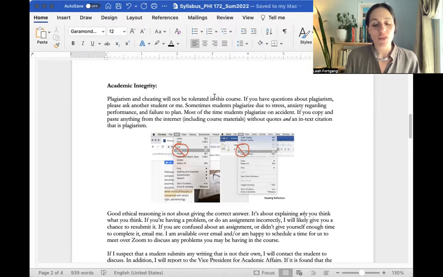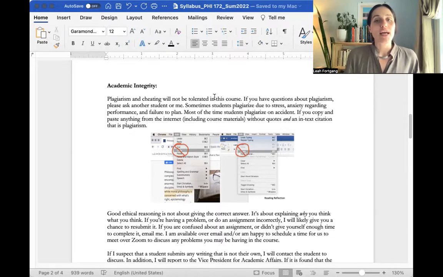And the main thing that I want to emphasize about that is it's so easy to tell when words are not a student's own, especially since I'm going to be collecting a lot of written work from people. You get a sense of somebody's writing voice pretty quickly.